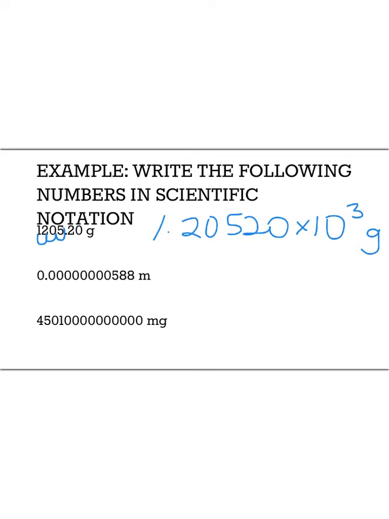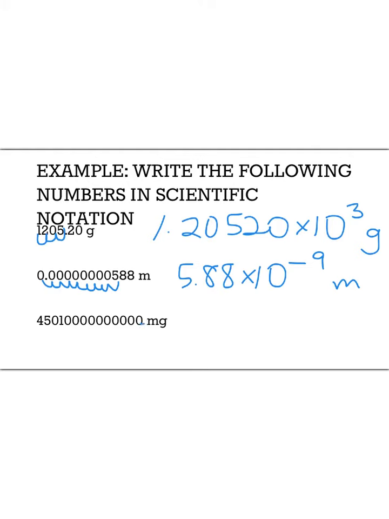For the second problem, we have the decimal, we want to move it over. We have 1, 2, 3, 4, 5, 6, 7, 8, 9. And so we've got 5.88 times 10 to the negative 9 meters. And then for the last example, the decimal place, even though it's not there, we know it's over here at the end.